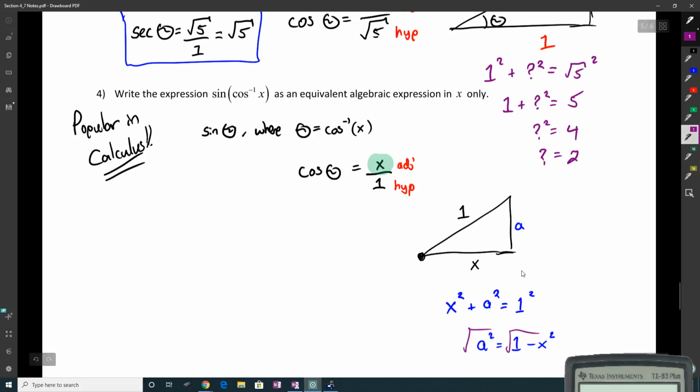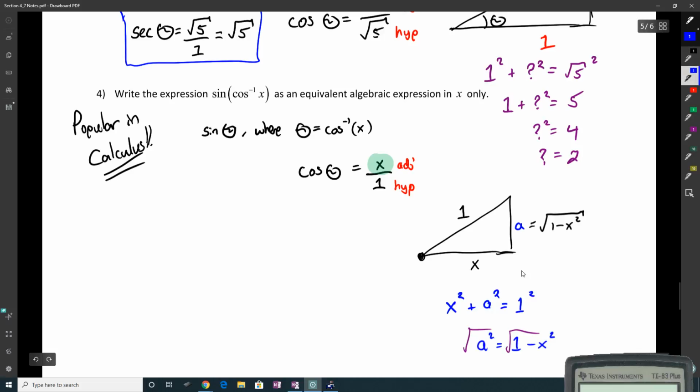Okay, now since this is in the positive y direction, that means that this here is the square root of 1 minus x squared. Cool, cool. You don't have to put a plus or minus because we're only dealing with quadrant 1. But anyway, so that's my triangle.